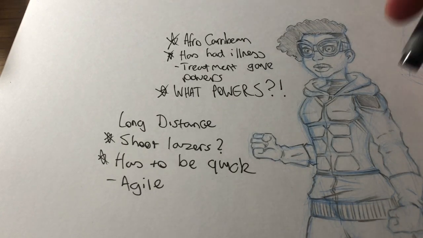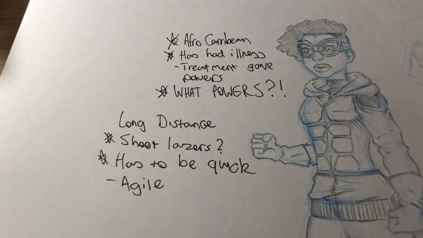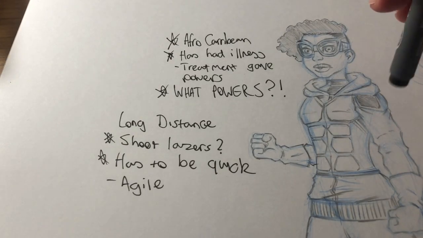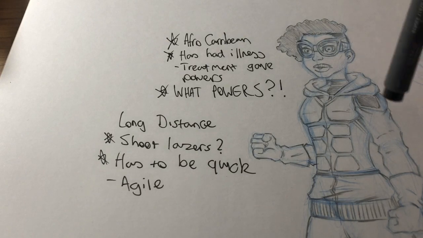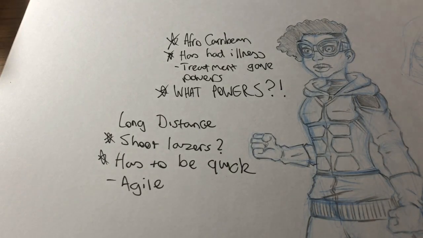And considering she's a teenage girl, she's going to face plenty of struggles. That can be one of them. I think what might be cool there is having her be able to shoot beams out of her hands and be really, really agile, be really quick, have like cat-like reflexes. I think that'll be awesome.